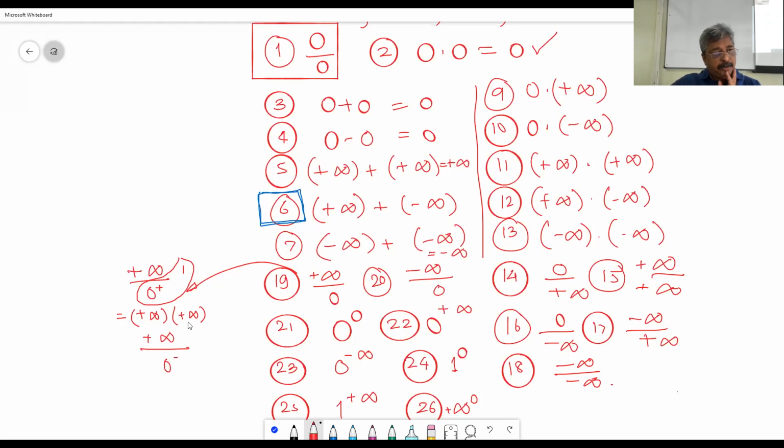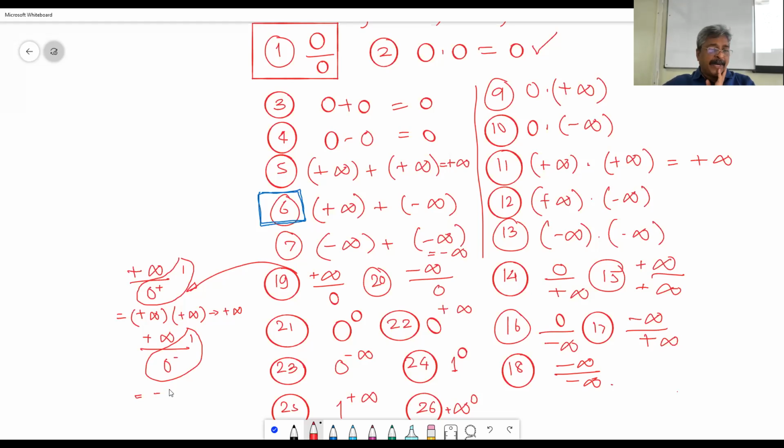So plus infinity into plus infinity, we have to answer 11 first. What do you think? Plus infinity into plus infinity. Both the numbers are big numbers and they are positive numbers, it is going to go to plus infinity. Therefore, this answer will tend to plus infinity. However, if denominator approaching 0 from negative side, this ratio 1 upon negative 0 is going to be negatively signed, but big number.